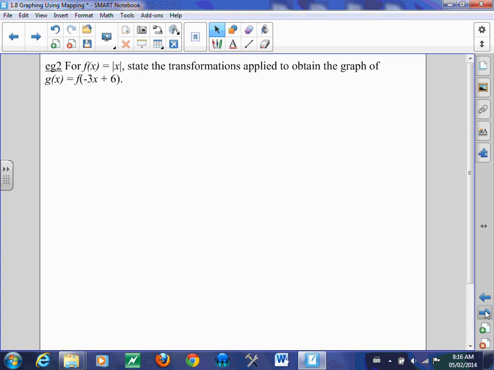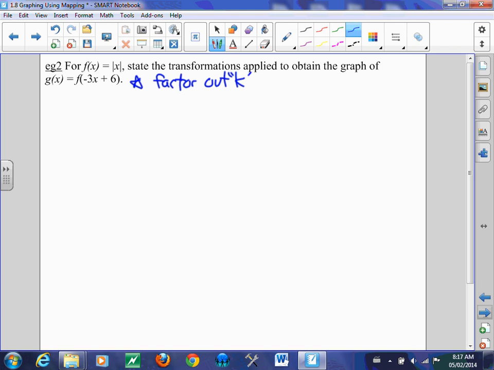State the transformations applied to obtain the graph of this. Okay, so remember last day when we talked about k, I always said make sure you factor out k. Here's an example where you need to factor out k. How can I tell when I need to factor it out? When there's not a bracket between the -3 and the x.